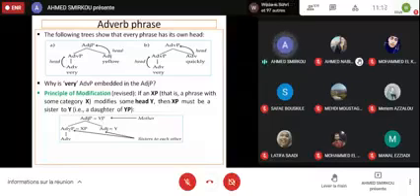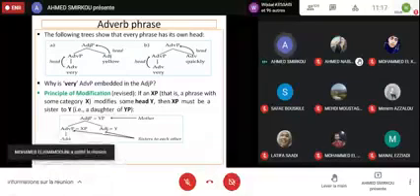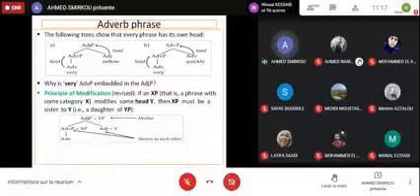Because these are daughters: the adverb phrase and the adjective are daughters of the adjective phrase. So the modifier XP should be sister to the head adjective. They are sisters, and they should have the same mother. The mother is YP. Very simple.